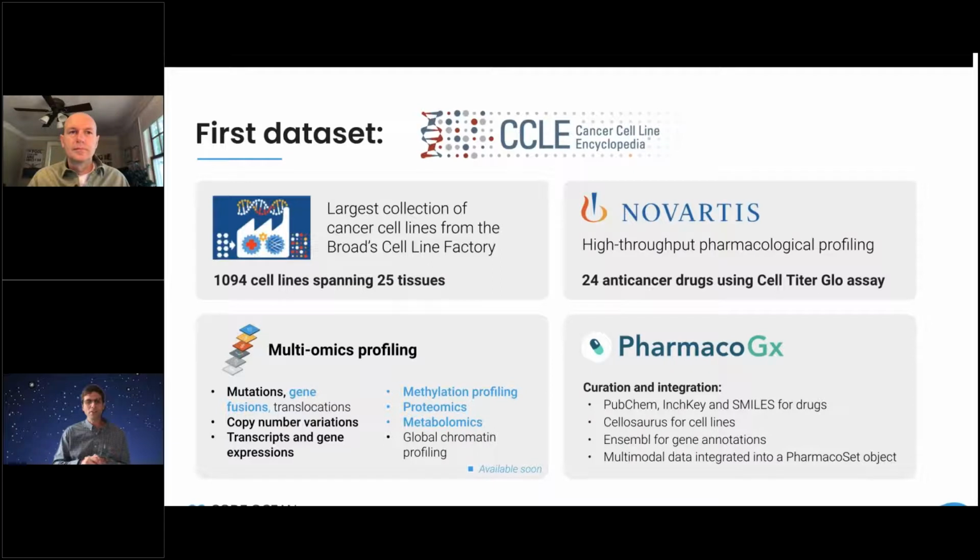And the Broad Institute has also provided those cell lines with a very diverse set of omics technologies: mutation, copy number variation, gene expression, methylation, proteomics, metabolomics, as well as chromatin accessibility. So it's a really complete data set. And we've created that data so that the integrated object can be analyzed using our Pharmacogx package.